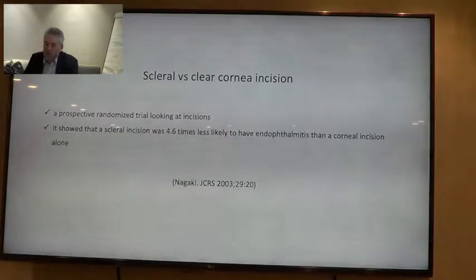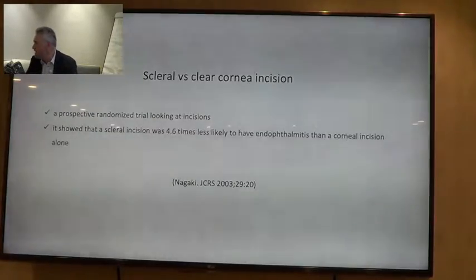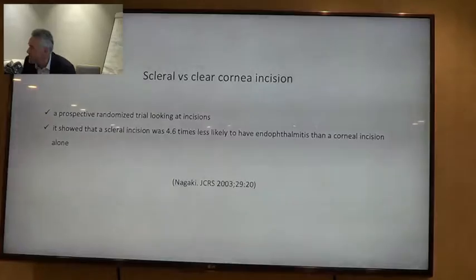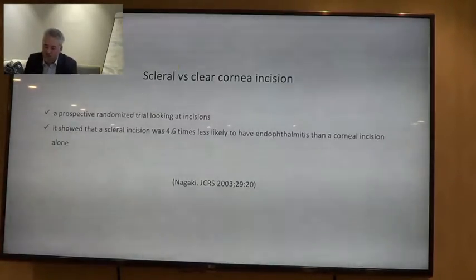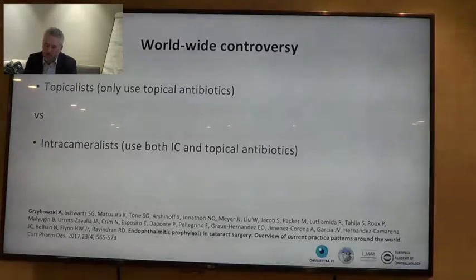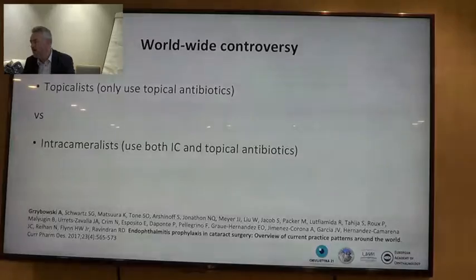However, today we use corneal incision, and probably only in some cases can we move to scleral incision. So there is still a field of controversy about how important this issue really is. But just to mention that it was shown in several studies.